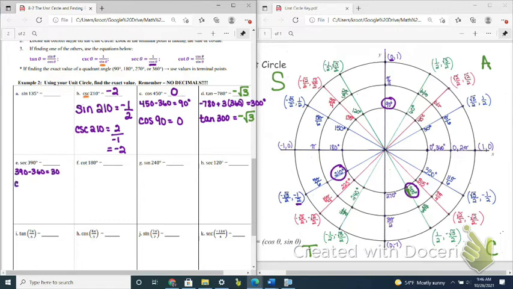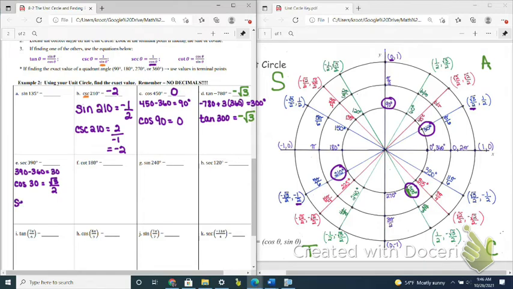So let's figure out what is the cosine of 30 degrees. So I find 30 degrees on my unit circle, and the cosine is the x value. So the cosine of 30 degrees is the square root of 3 over 2.